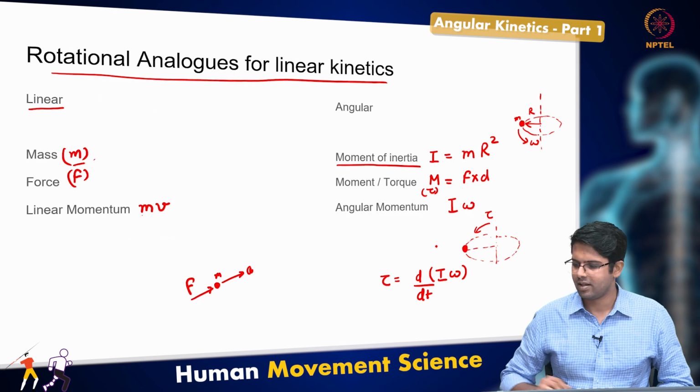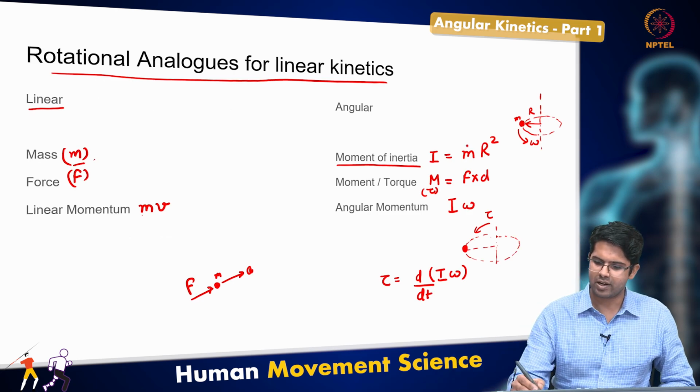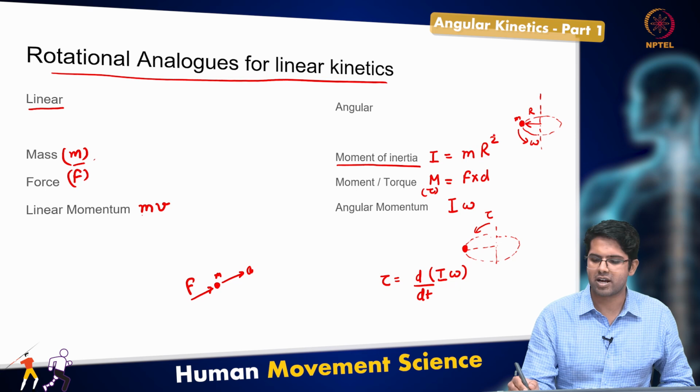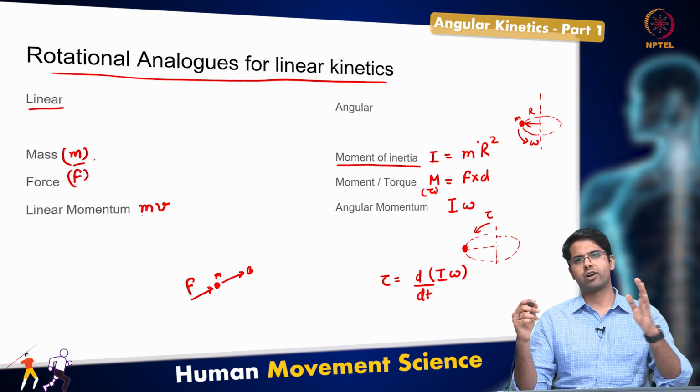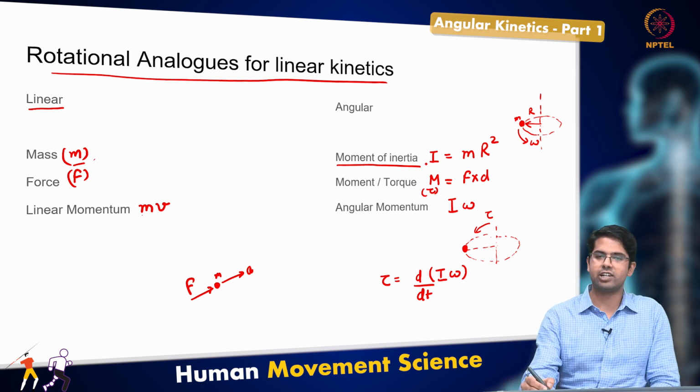It was the same mass, but I was changing the radius. By moving the friend in or out, you are changing the inertia of the system.